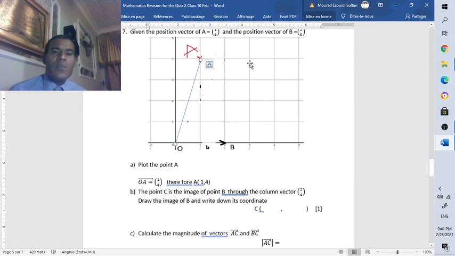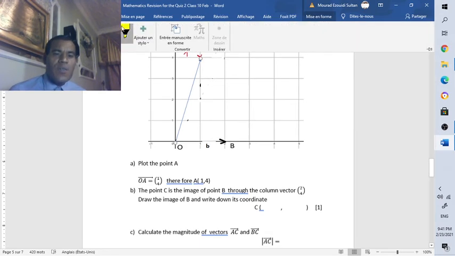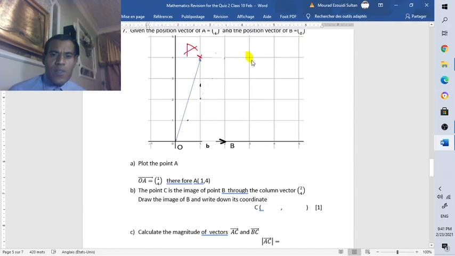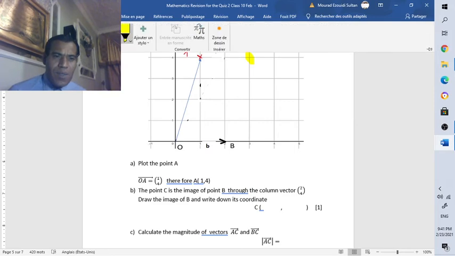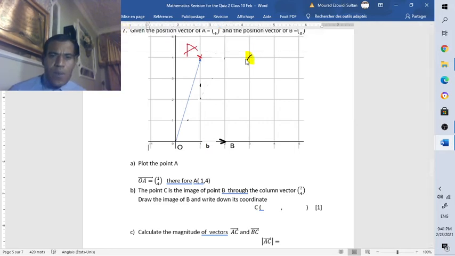I will put it here. This is the point C. I will choose another color. This one, my learners, is the point C.